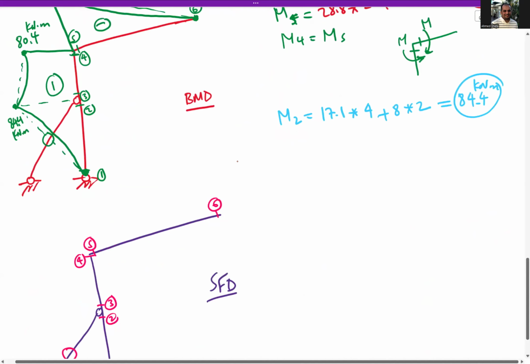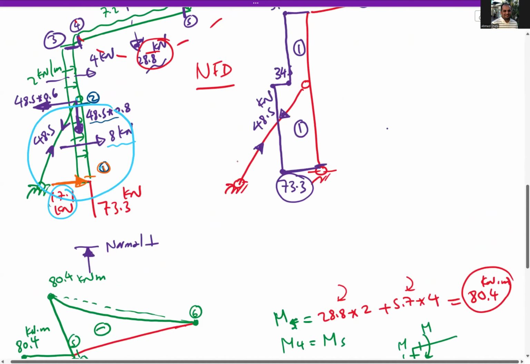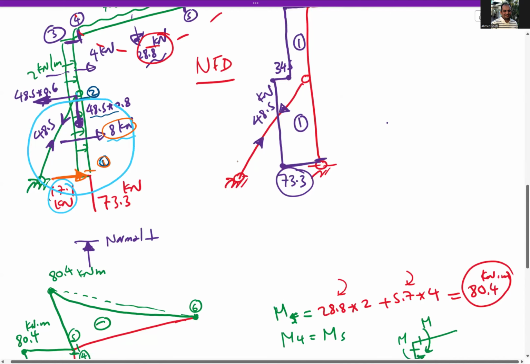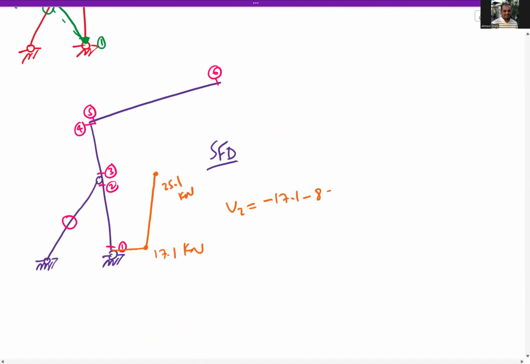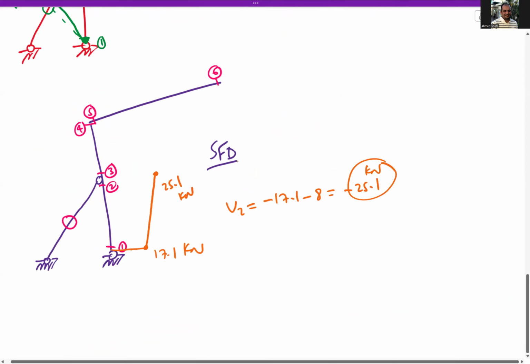Then from 1 to 2, we have the uniform load 8. For the uniform load, we subtract 8, so V2 equals 17.1 negative 8, so it becomes negative 25.1 kilonewton.